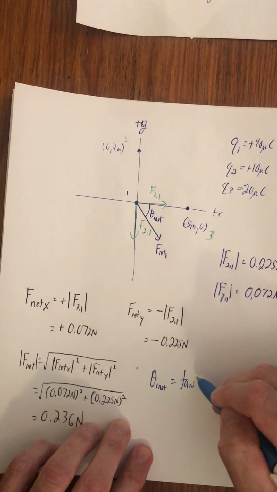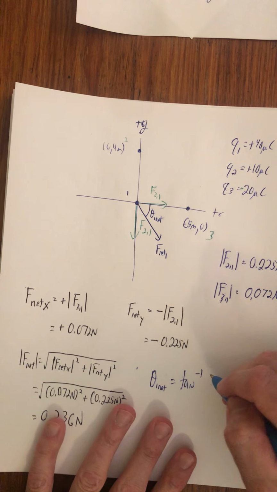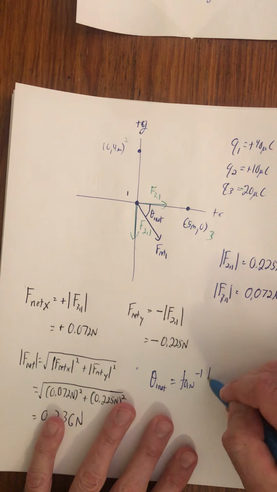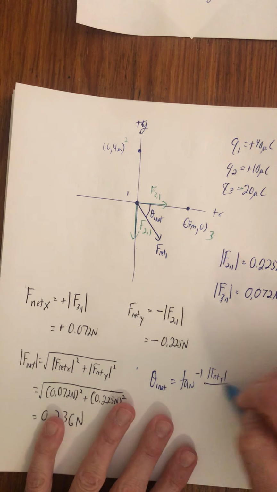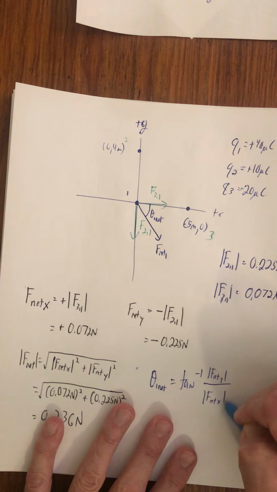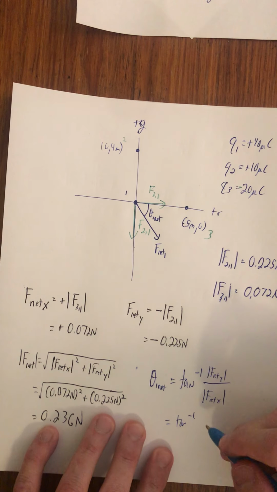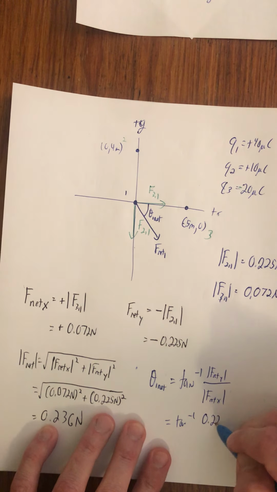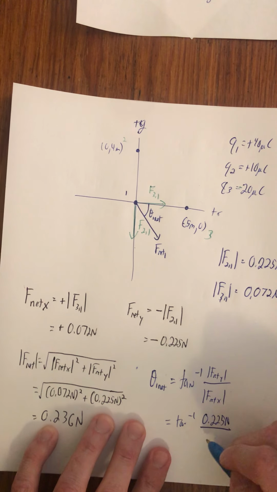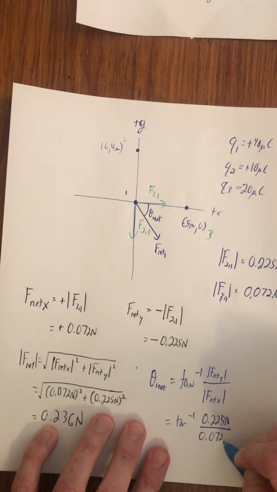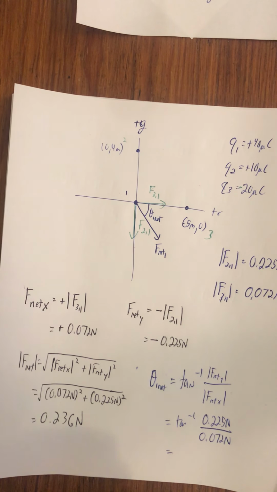Remember here, I'm just looking for the reference angle. So that's always the vertical part of it. So F net, the magnitude of F net y over the magnitude of F net x, right? This is all stuff from the first unit, back on the 8th, 9th, and 10th days of class, okay? And so we could put that in our calculator, 0.225 divided by 0.072.